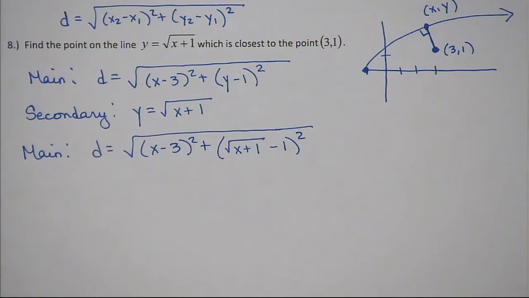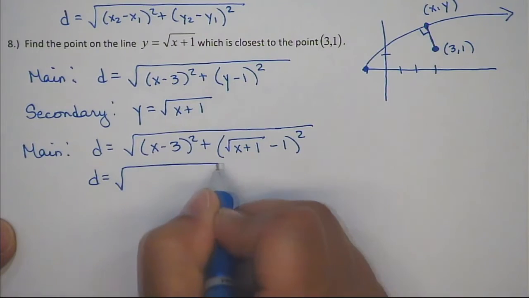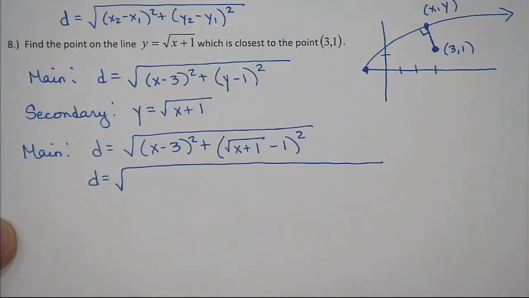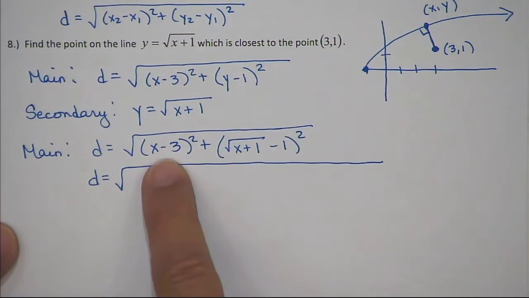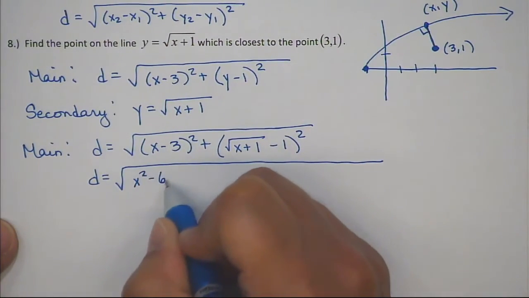So let's go ahead and simplify what's under the radical first, I think. I don't want to take the derivative yet. So let's go ahead and square those parentheses. Let's see what happens. First one's easy. We're going to square x minus 3. So that would be x squared minus 6x plus 9.